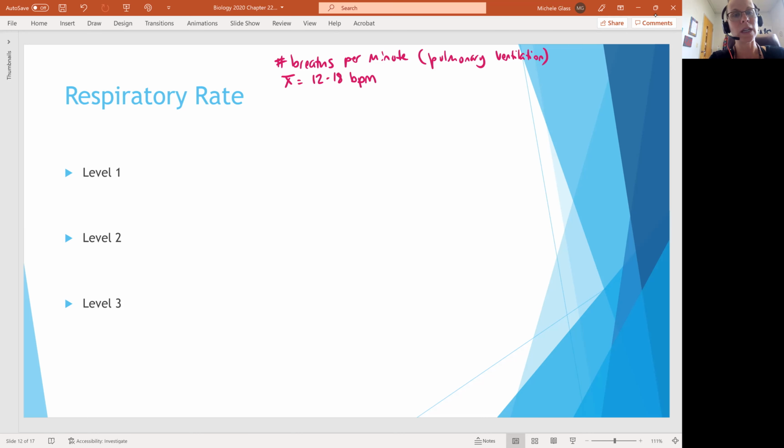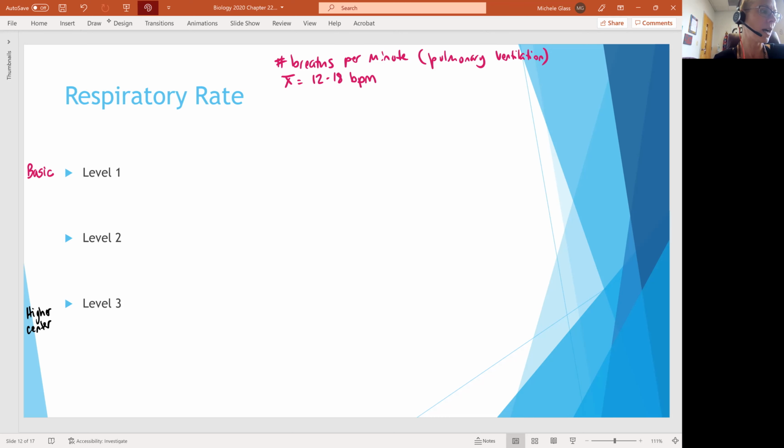We do have 3 levels of control. We're going to talk about the first level as the most basic, and then we'll talk about the third level as the higher center. So level 1 is being controlled by level 2, level 2 is being controlled by level 3, and so forth.